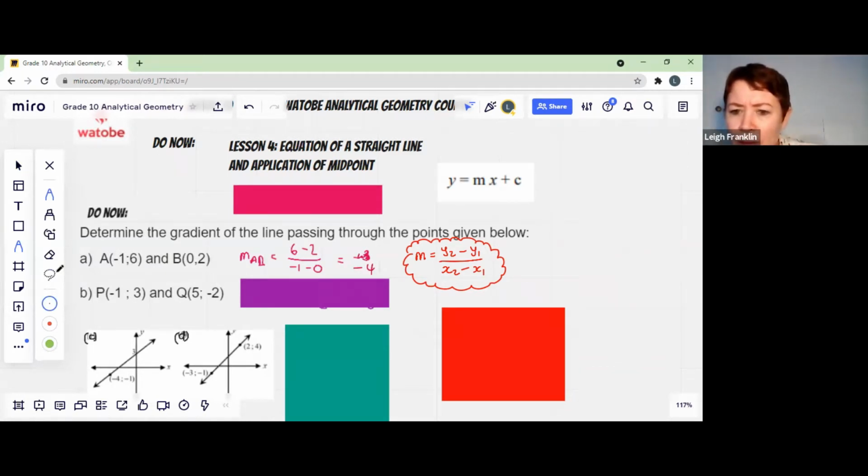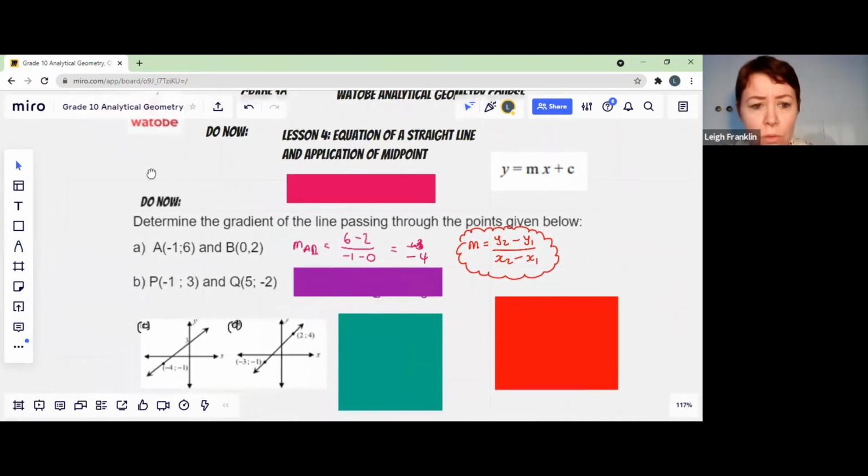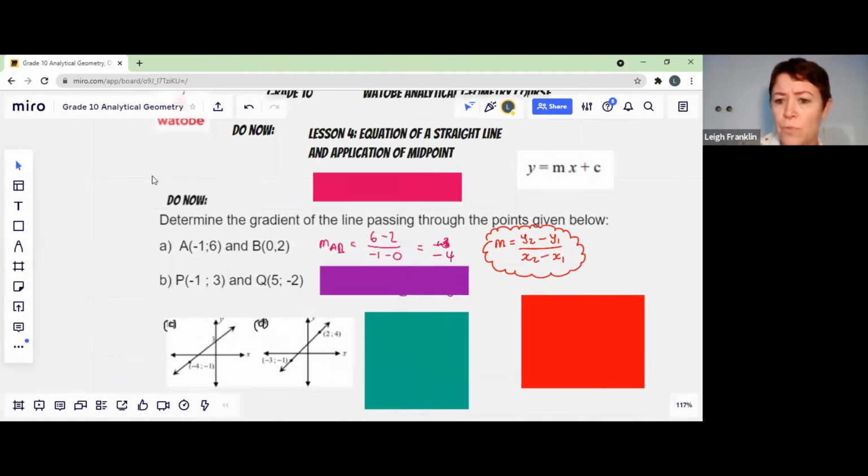Okay. Michal Malepe, you got 4. If you've got 4, then did you say 2 minus 6? So the only other way that you could have written this is you could have said 2 minus 6 over 0 minus negative 1, and then you would have still got negative 4. So you did that.